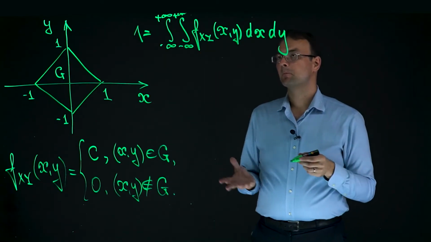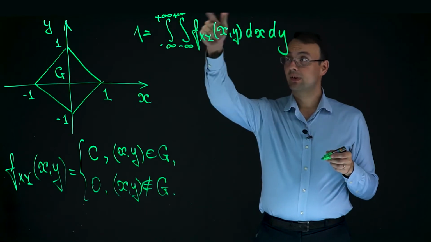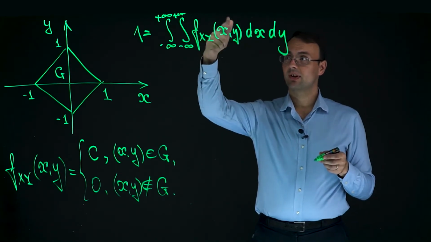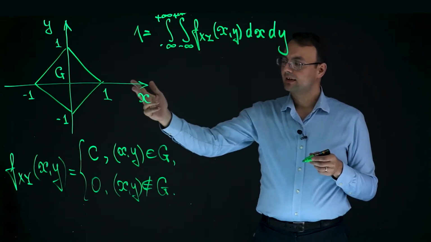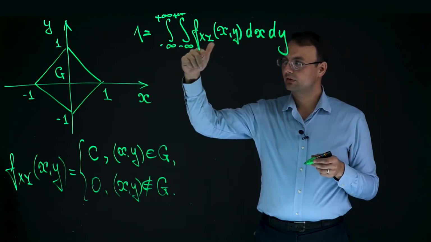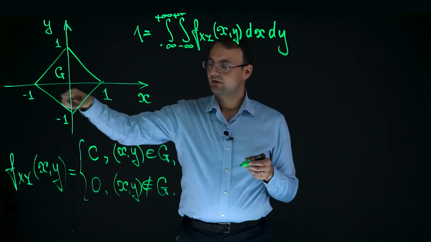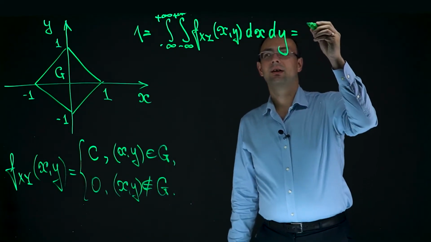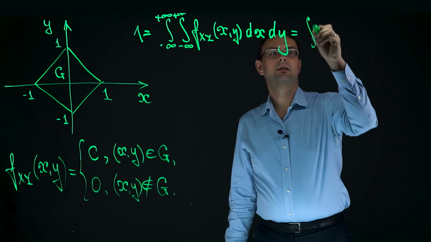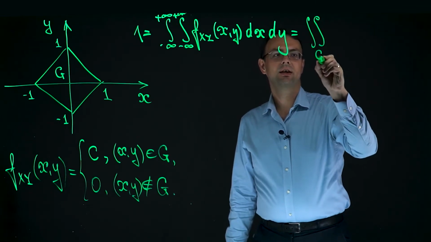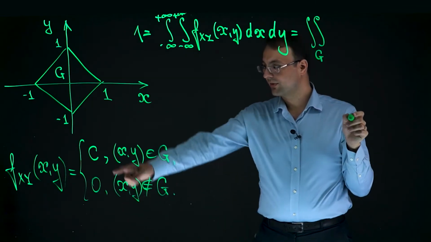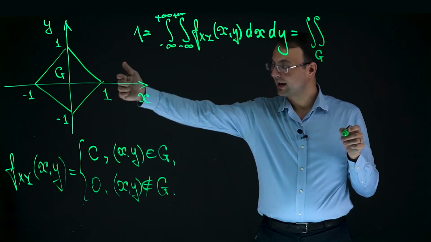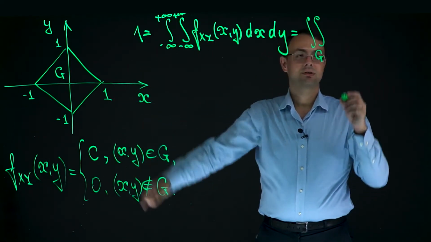The function that is integrated is not equal to 0 only inside G. So this is actually the integral over G of this constant, since inside G our function is equal to C, dx dy.